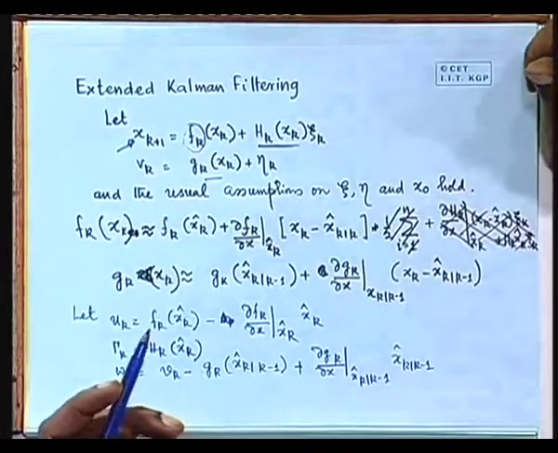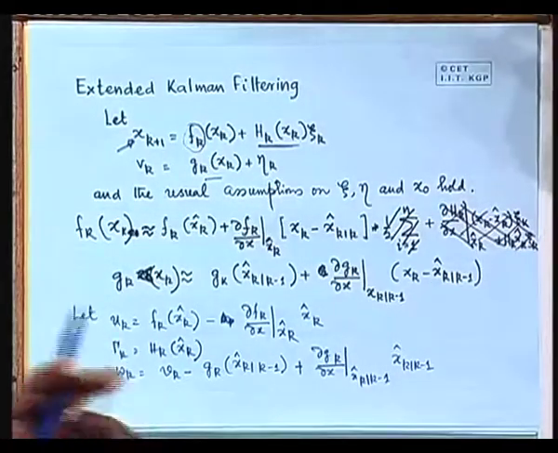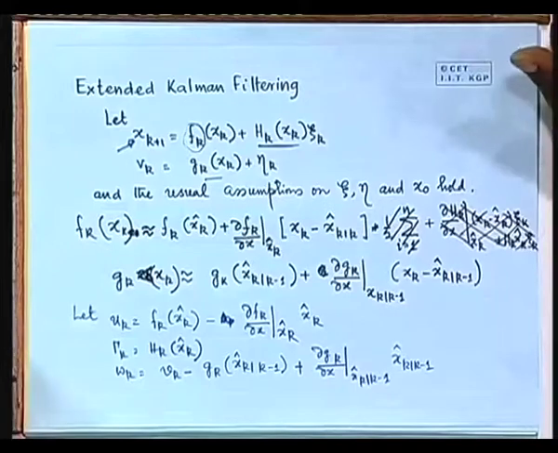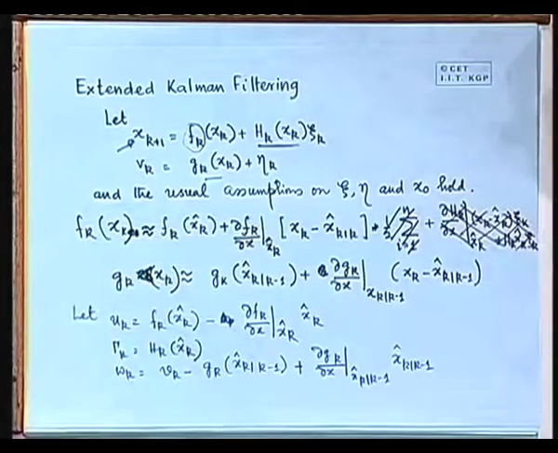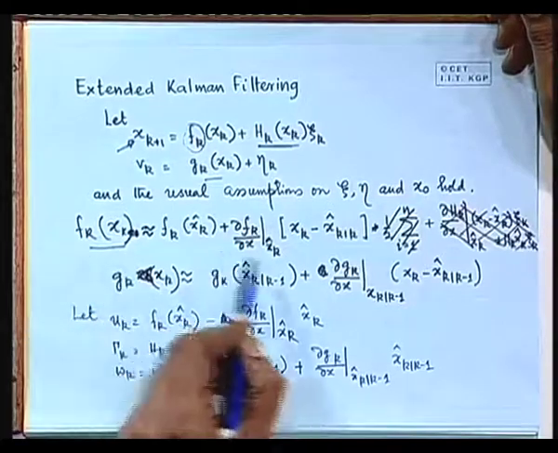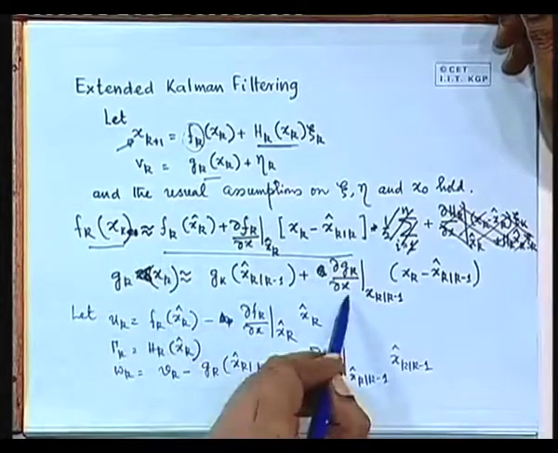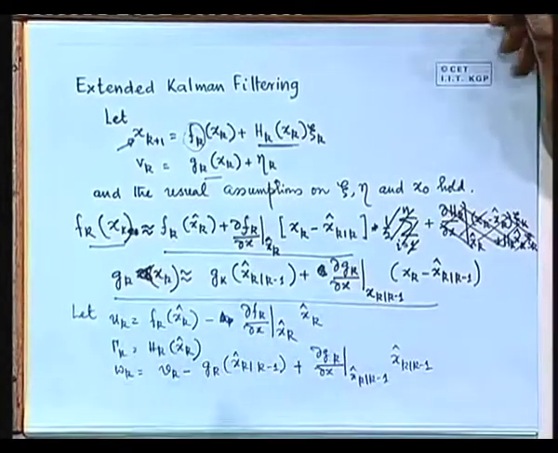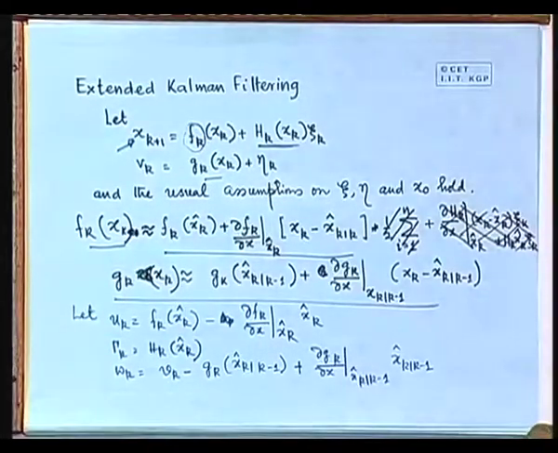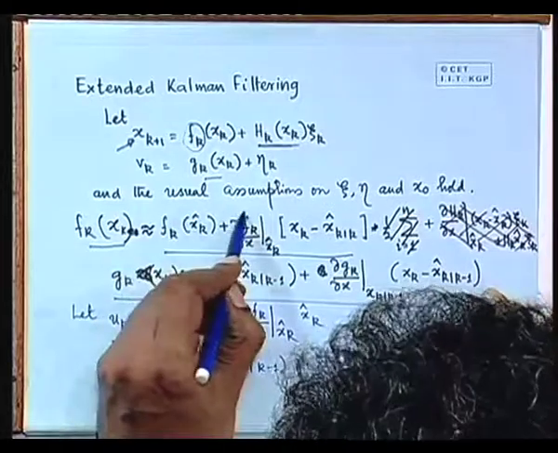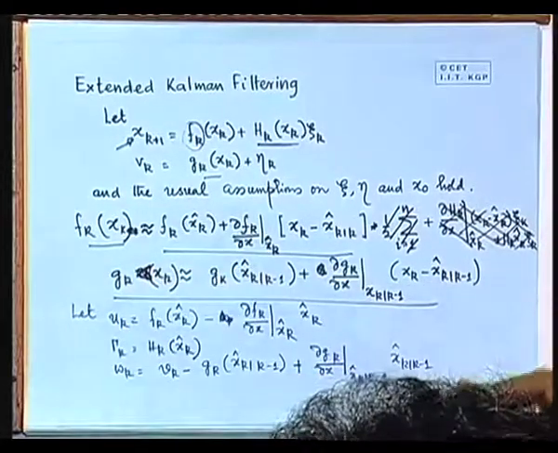So how do you linearize? The basic idea of linearization of any nonlinear system is to break it into a Taylor series approximation. I am sure you are familiar with linearization of nonlinear systems. So you break up f and g into their Taylor series, and now you see what is happening. This term is known. Can you see this?